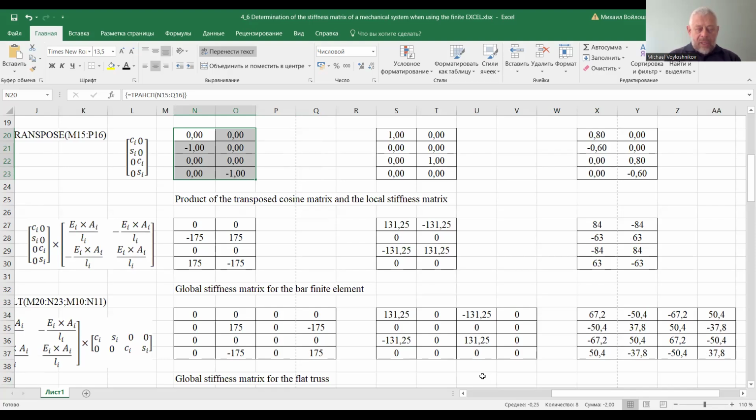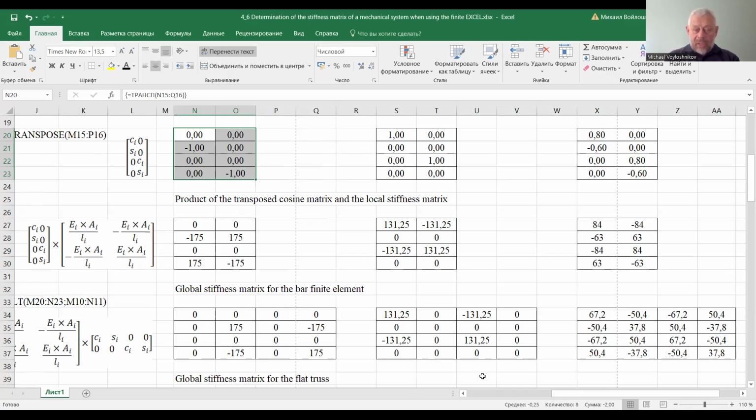For hingedly connected finite elements, that means that we do not consider the bending moment and angular displacement in the finite element due to the hinges. The connections by hinges do not transmit the bending moment. So we have only the longitudinal force and the transverse action on the end of the finite element rod.